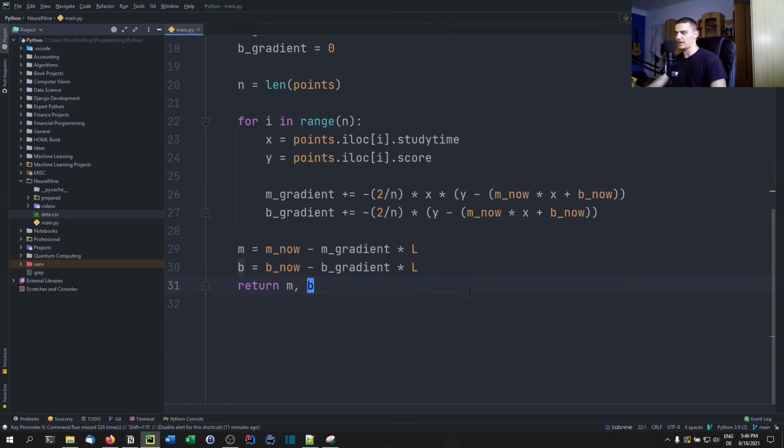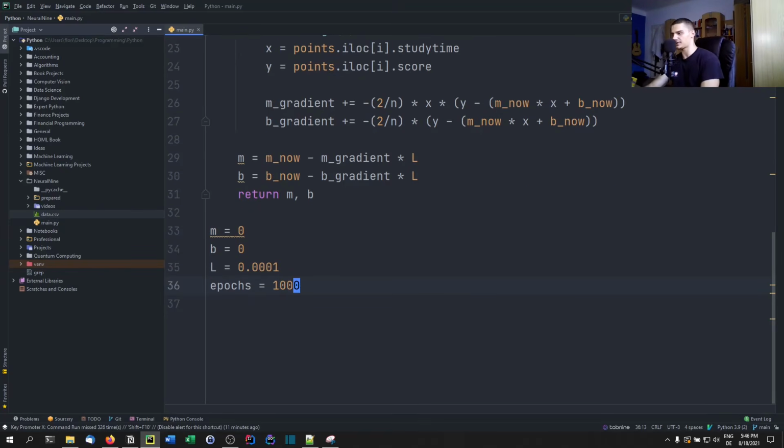So now we just need to execute everything. We say, okay, what is m? We start with 0. b, we start with 0. We can pick any starting values if we want to. We will use a learning rate of 0.0001. And we're going to use 100 iterations, also called epochs. We can also go with 1,000 actually. So let's go with 1,000.